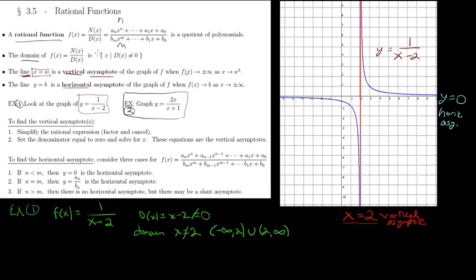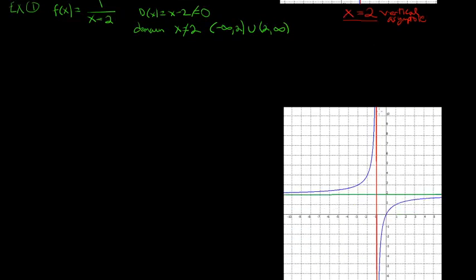I'm going to scroll down a little bit because I already have it graphed. It's way down here. So this is example 2, and I'll call it g of x. This is 2x over x plus 1. So that's the blue graph again here.